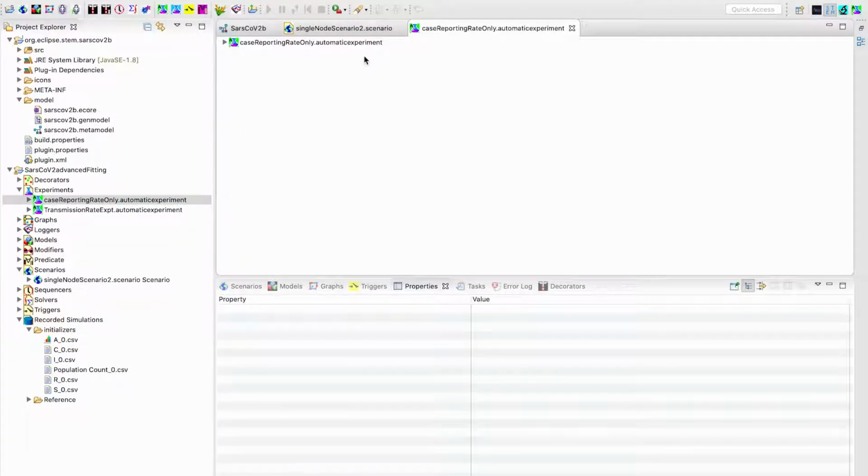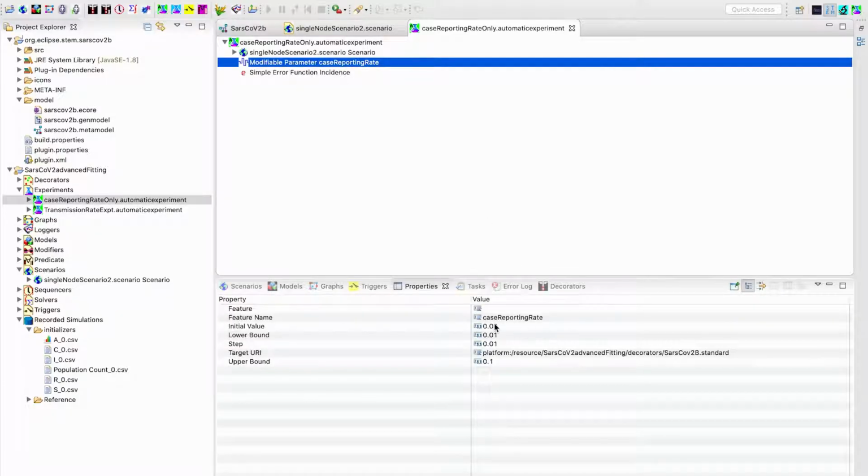This experiment looks at the single parameter of the case reporting rate, so the proportions of infections that are split between the C and the A compartments, so the asymptomatic individuals and the symptomatic individuals. So we have a single modifiable parameter of the case reporting rate.